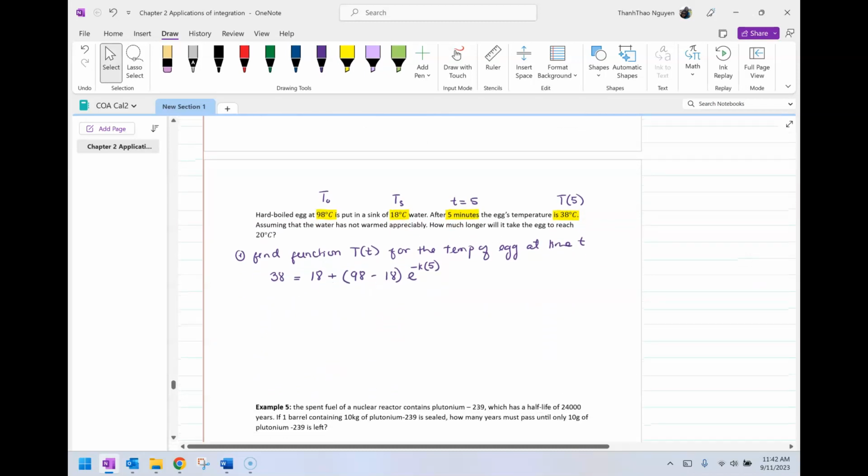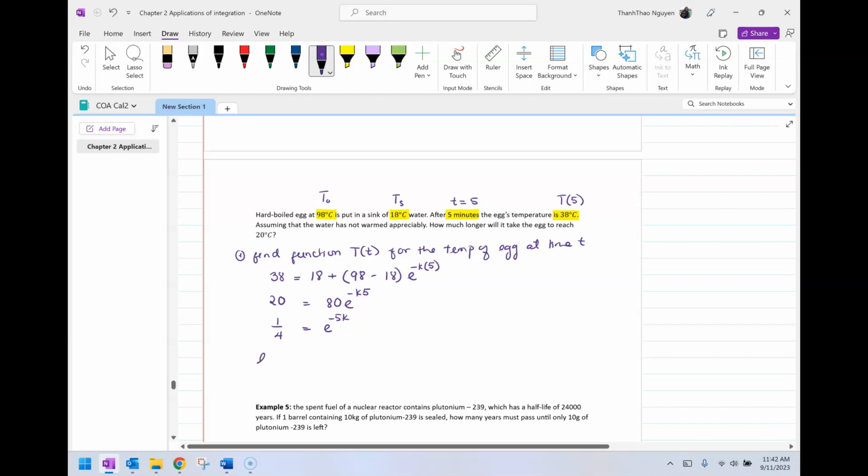I can simplify this, so we get 20 equal to 80 e to the negative k times 5. So 1/4 equals e to the negative 5k.